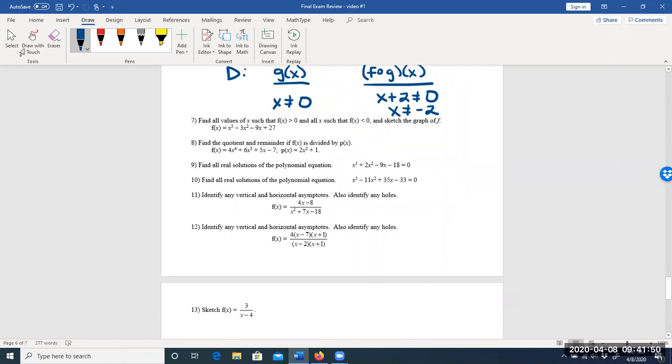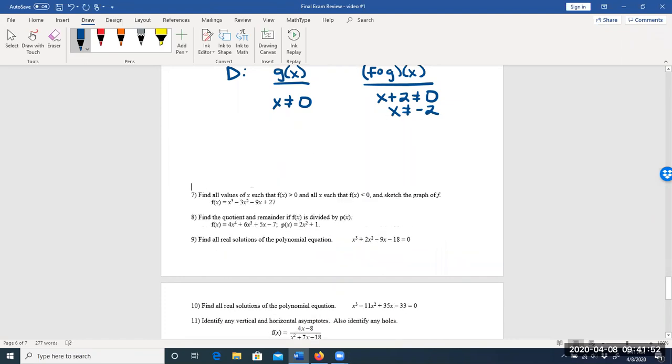So, in WebAssign, the choice you're going to pick is all real numbers minus the set containing negative 2 and 0. So that's what it's going to look like in WebAssign for the domain.